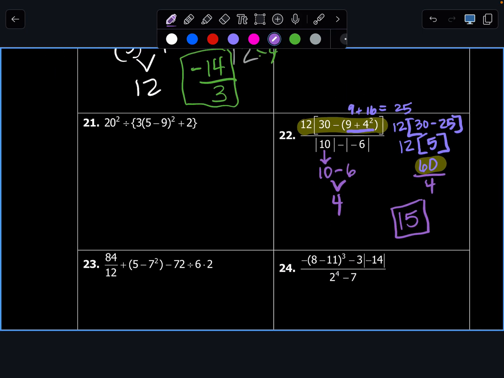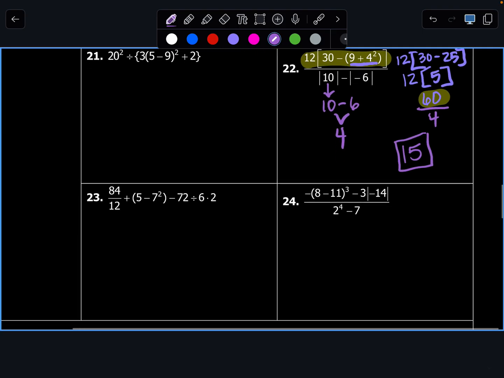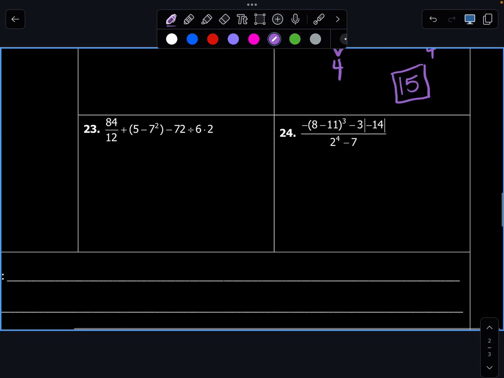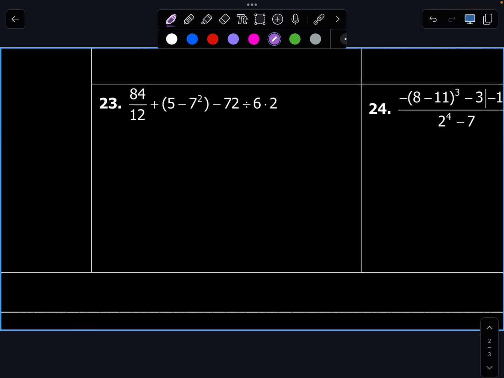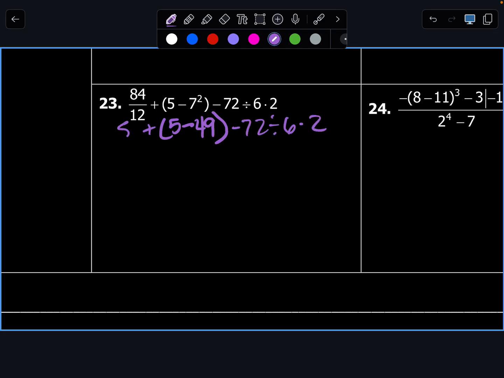What other one? 23. All right, what's our first operation here? Division, no. Parentheses. So we have 5 minus, what's 7 squared? 49. Again, keep that subtraction. Minus 72 divided by 6 times 2 plus 84 over 12. 5 minus 49 is?